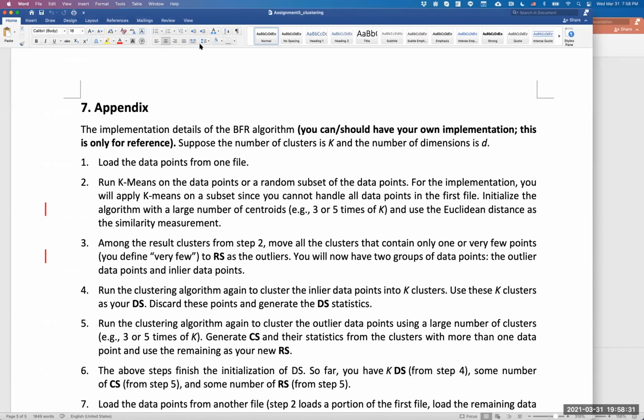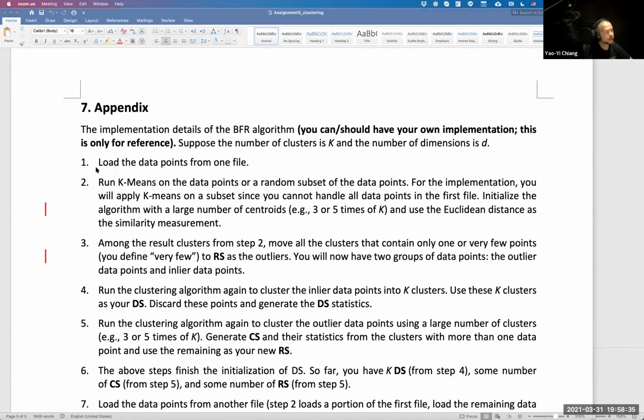Your first step is to load some data points. Can you see my screen? Yes. This says one file is one chunk. Then you run the k-means algorithm on the data points and you have some centroids.